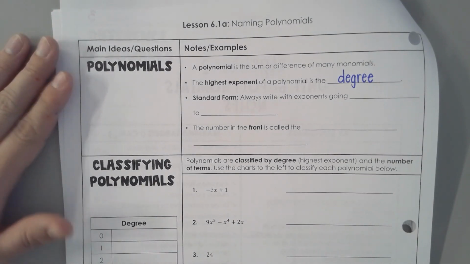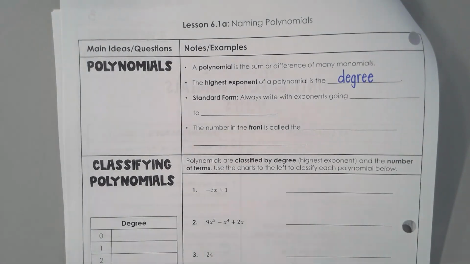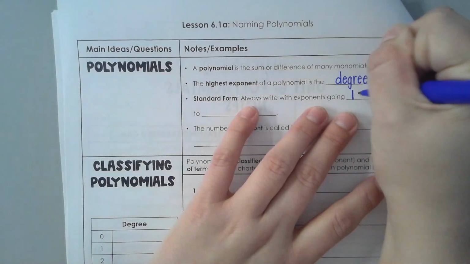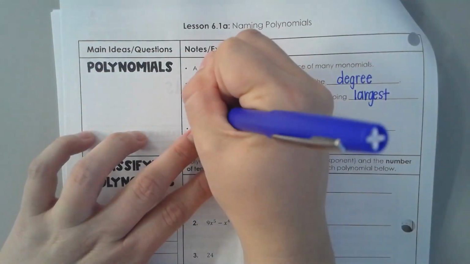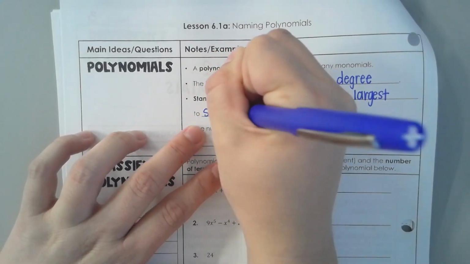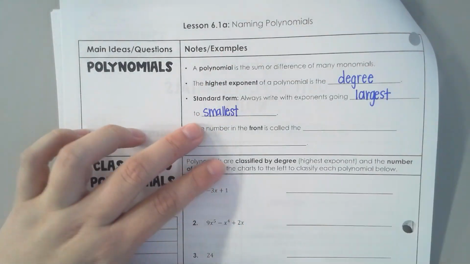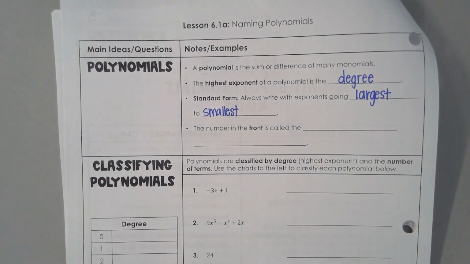Standard form. What this means is that when you write a polynomial, you have to write the exponents going largest to smallest. The reason that's so important is the next bullet. The next bullet says the number in the very, very front. Well, if your polynomial is not written in the right order, you'll get the wrong answer here.